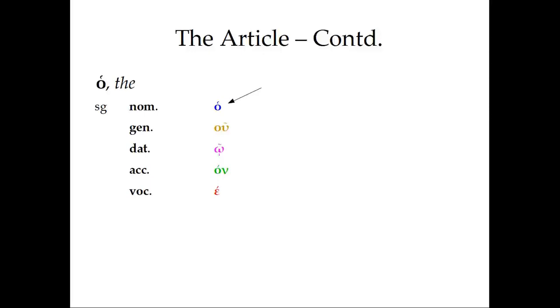We know that that's singular nominative. And for the genitive, dative, and accusative, all we're going to do is add a tau in front of the endings to get tou, tō, ton. And there's no vocative. So actually, this isn't too bad. And we're going to see it so many times in so many different forms that pretty soon we'll be able to recognize it and maybe even reproduce it without any trouble.